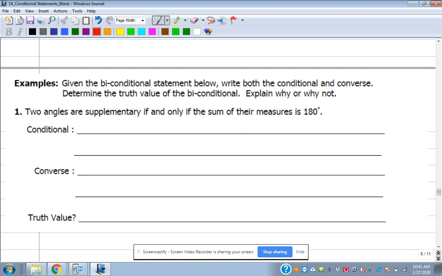Okay. So the first statement says two angles are supplementary if and only if the sum of their measures is 180.